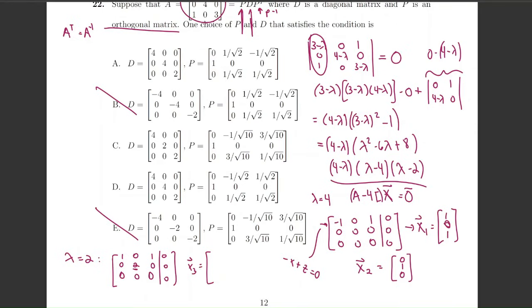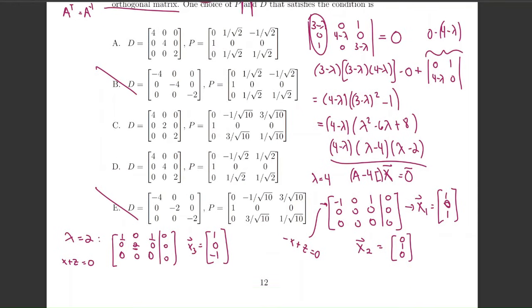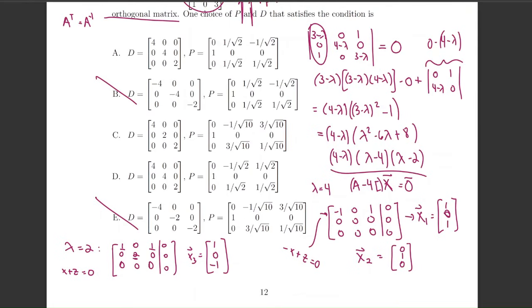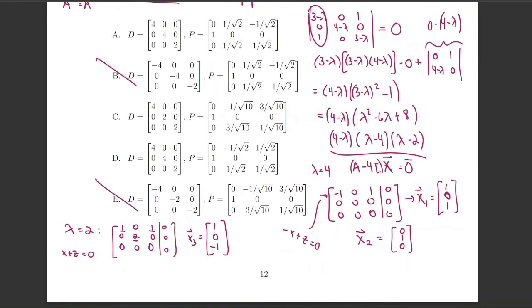And this expression, which is just x plus z equals 0, means that we would have to have a 1 or a negative 1 here, say, for example. Now we have 3 linearly independent eigenvectors: 1, 0, 1, 0, 1, 0, and 1, 0, negative 1.